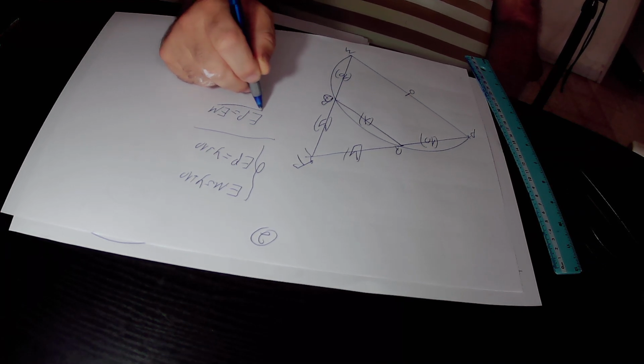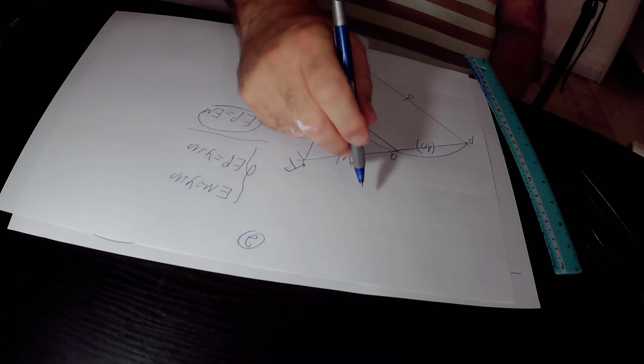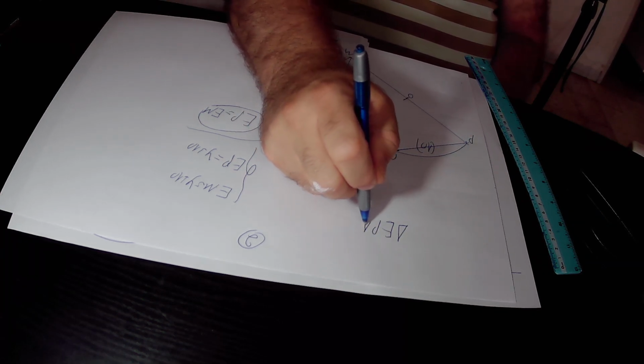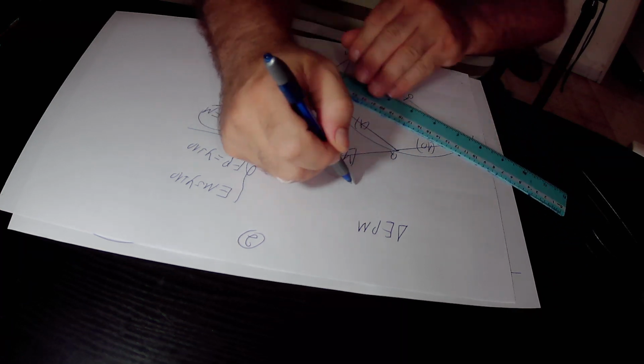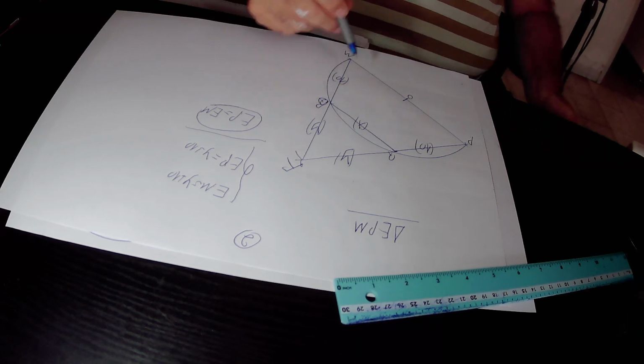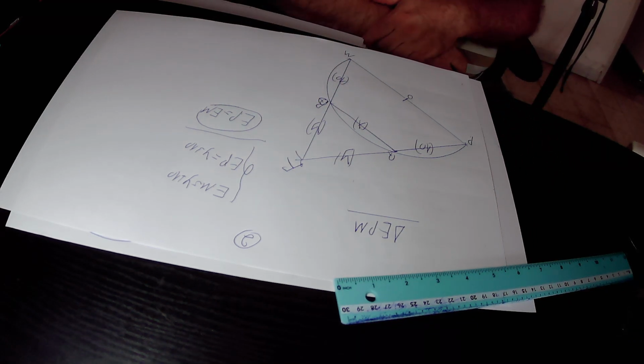That is to say, we find that in triangle EPM, this is triangle EPM, side EP equals side EM. Therefore, it is an isosceles triangle.